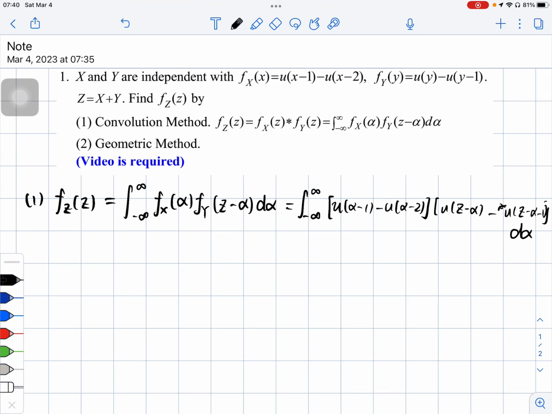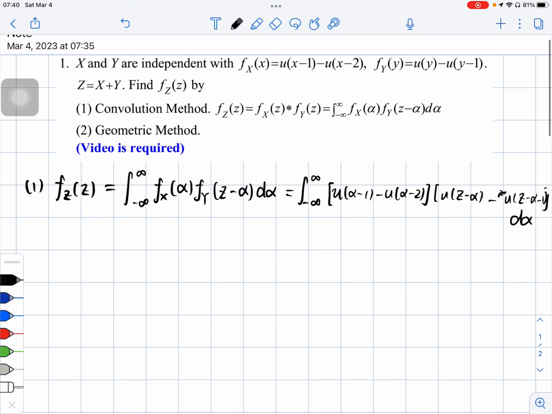And to compute this one, I want to draw some picture to help me introduce it.